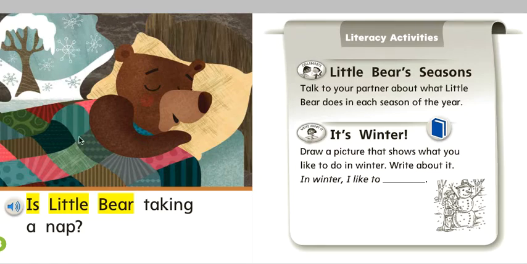Looking at the key details of the snowflakes, I see the tree, but it doesn't have green leaves. It doesn't have leaves falling off of it. It's covered with what? Snow. So using those two important key details along with the snow here at the bottom, that tells me that this is winter.